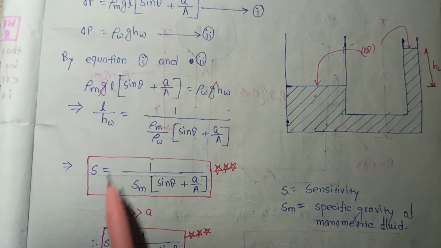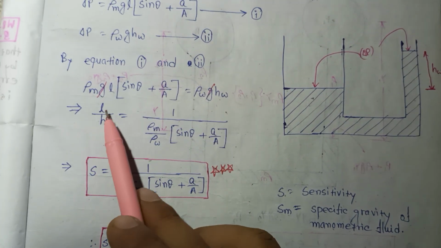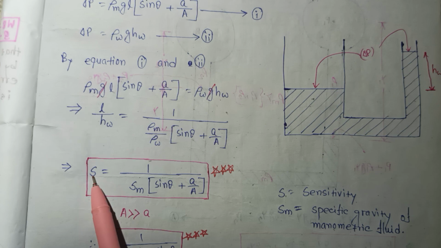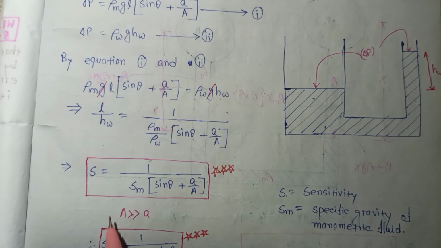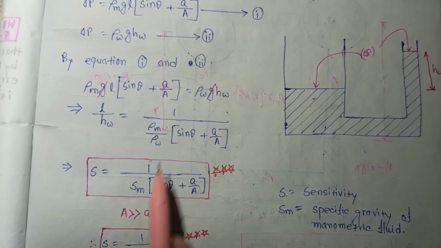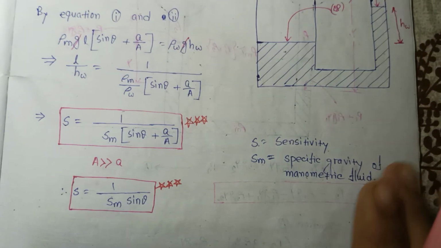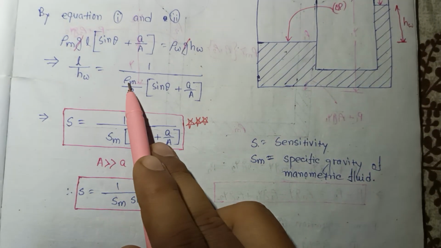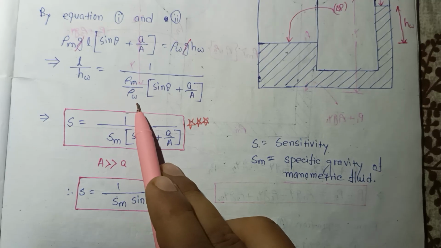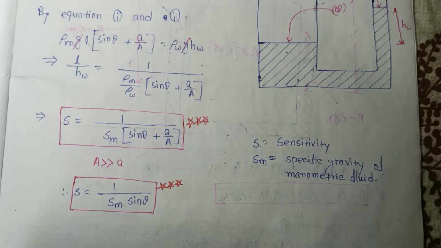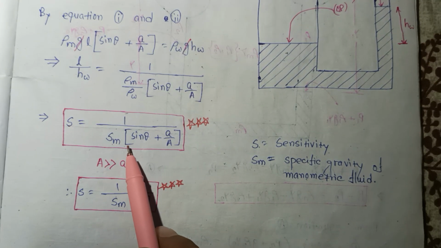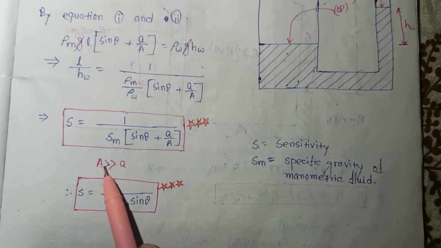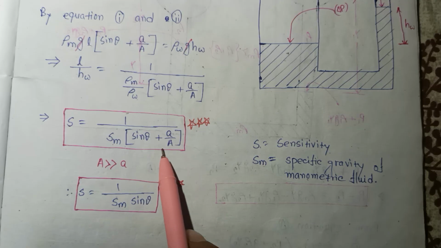So from here, this is known as sensitivity. So L by H, this is S, the sensitivity. That is equal to 1 by Sm, where Sm is the specific gravity of the manometric fluid. So Sm is rho of m by rho of water. We know that rho of mercury by rho of water is the specific gravity, into sin theta plus small a by capital A. If capital A is much greater than small a, this term is neglected.